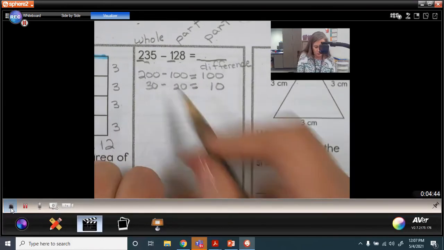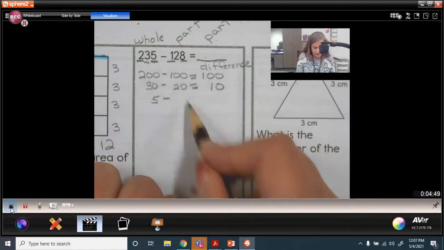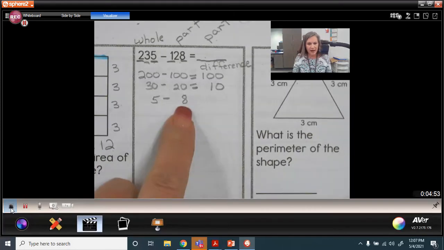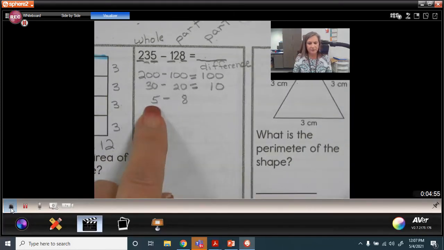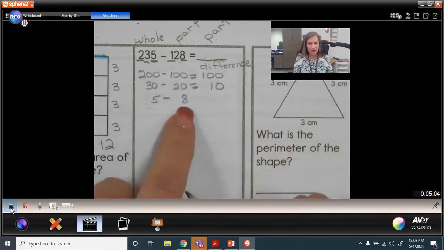Now I can go to my ones place. I have 5 and I'm subtracting 8. Again, I need to ask myself, can I subtract 8 from 5? If you said yes, then you need to rethink it. If I have $5, can I use that to buy something that's $8?